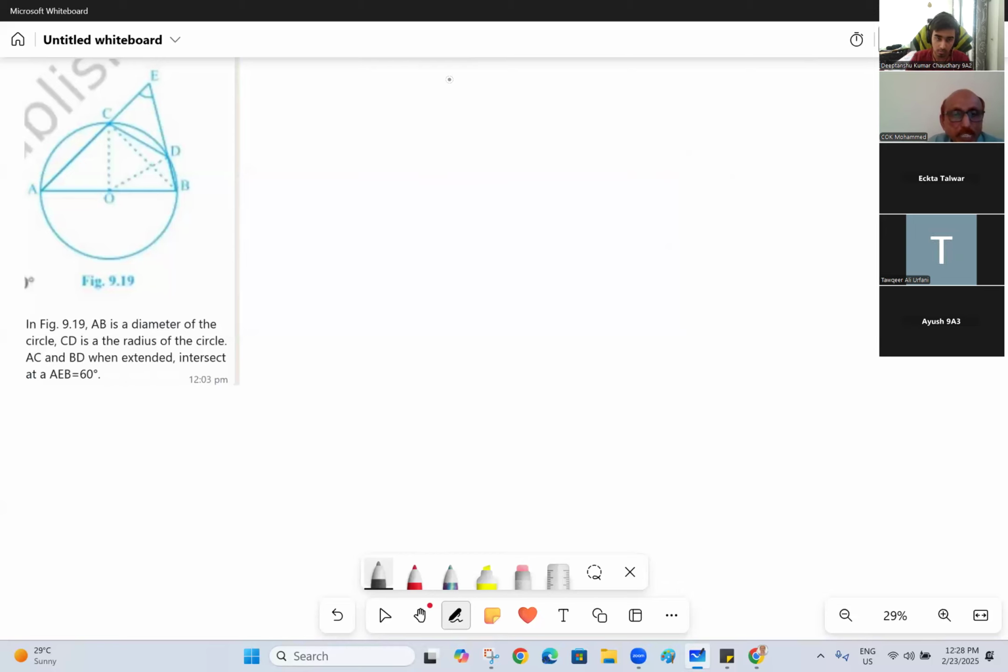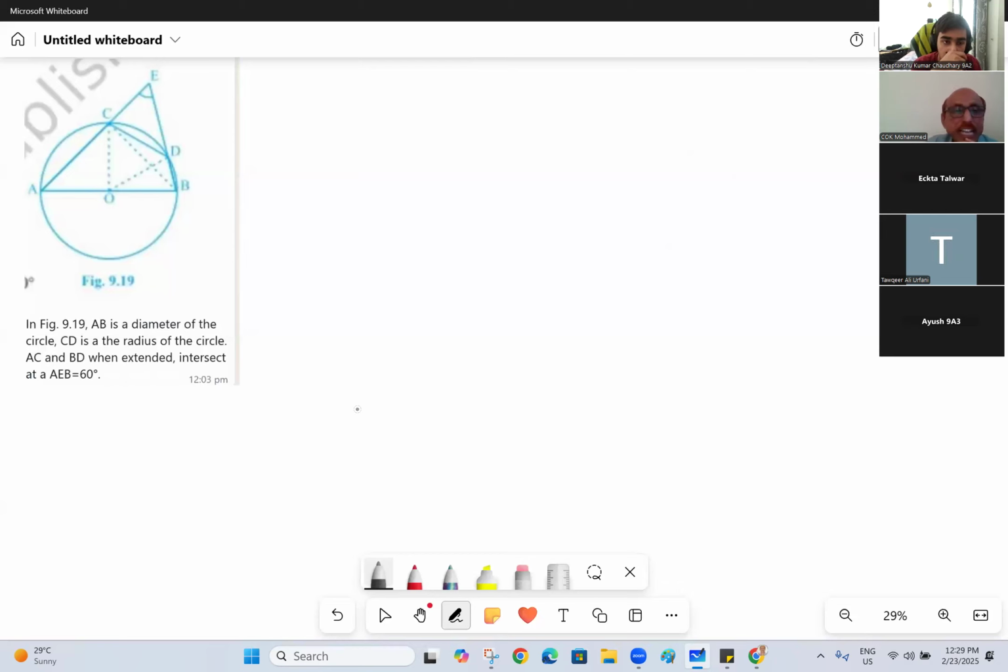Now, AB is the diameter. Immediately, so many things should strike your mind. Ditanshu, if I say AB is the diameter, what is the first theorem that strikes your mind? The angle in a semicircle is 90 degrees. Very good. Angle in a semicircle is a right angle.